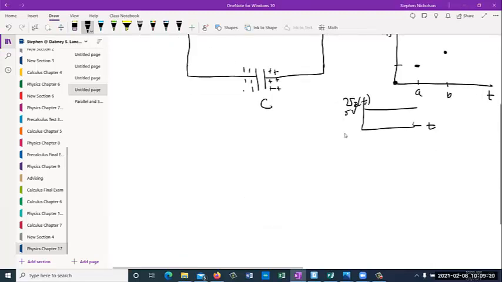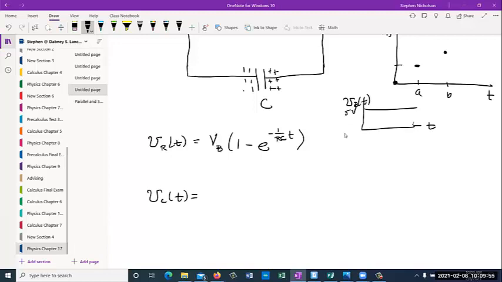So here you go. We're going to derive these equations in calculus, but the voltage across the resistor as a function of time is equal to the voltage of the battery times 1 minus e to the minus 1 over R times C, then the whole thing times t. And the voltage drop across the capacitor is going to be equal to the voltage of the battery.